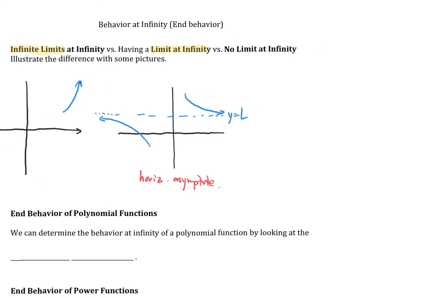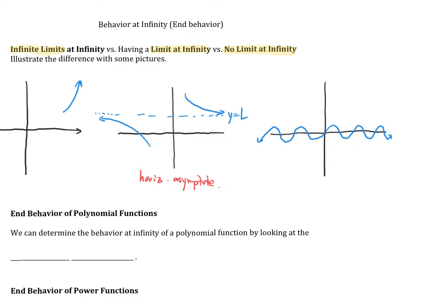The third situation would be something where, maybe let's draw a set of axes first like this. And then for an example of the no limit at infinity case, a good example for this is the sine curve. So if I drew the sine curve, the sine curve just keeps oscillating back and forth. This guy oscillates back and forth like this.